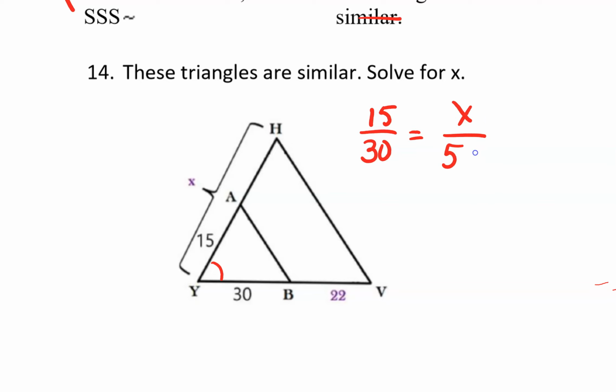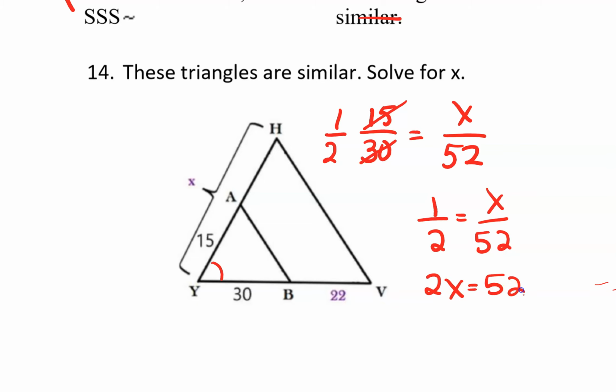Oops, 52. Okay, I'm going to reduce this to 1/2. It's going to make this a lot easier. 1/2 equals x over 52. Well, x is going to need to be half of 52, so go ahead and cross multiply just to show you why that works. X equals half of 52, so that's going to be 26.